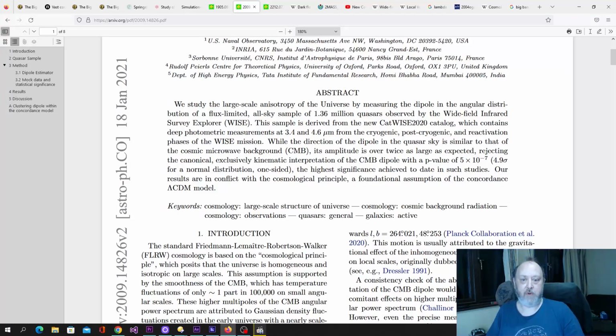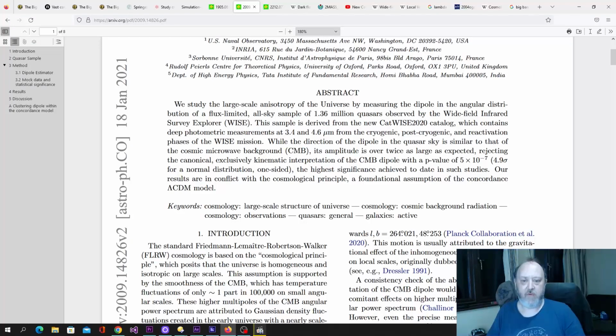This sample is derived from the new CatWise 2020 catalogue, which contains deep photometric measurements at 3.4 and 4.6 micrometers from the cryogenic, post-cryogenic, and reactivation phases of the WISE mission.